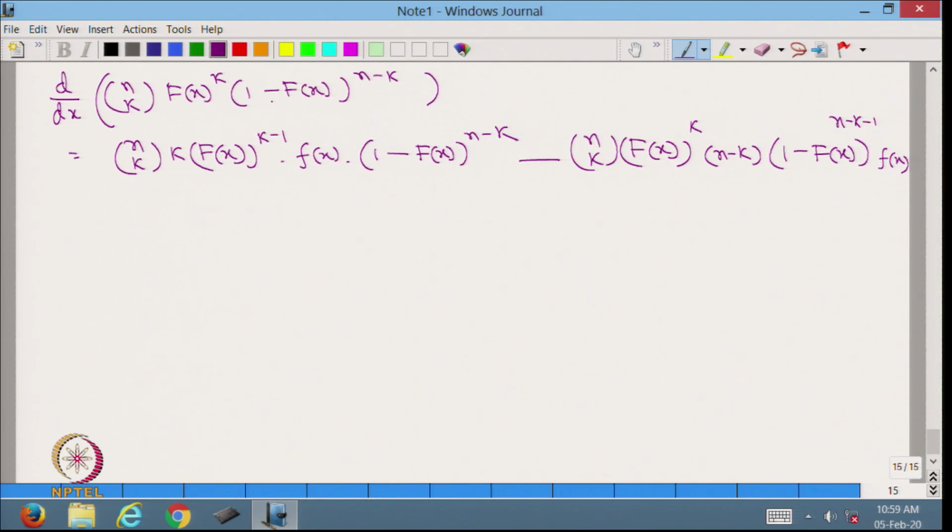Since here F(x) is with a minus term, we get a negative sign there. This is for general k.